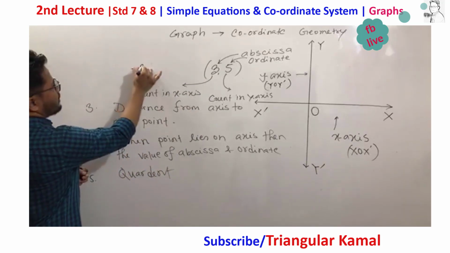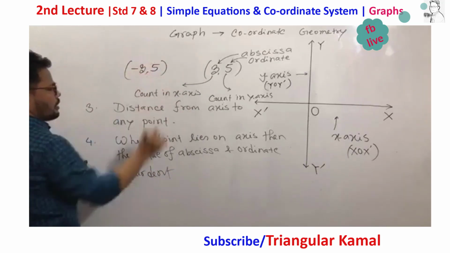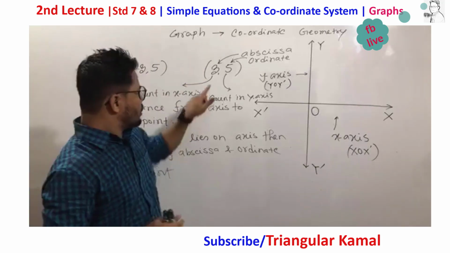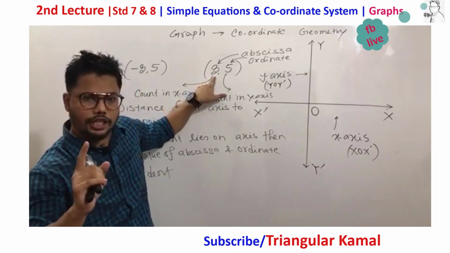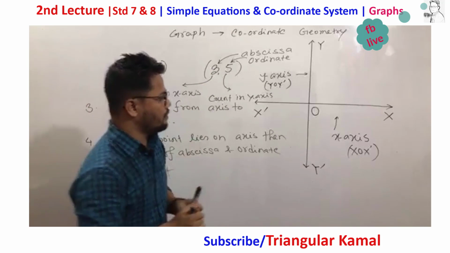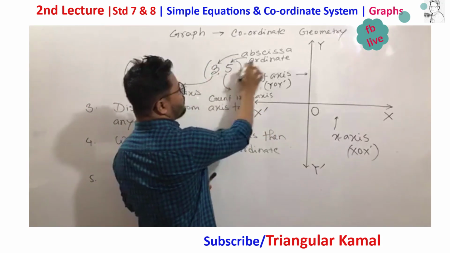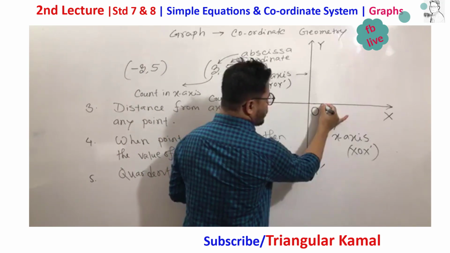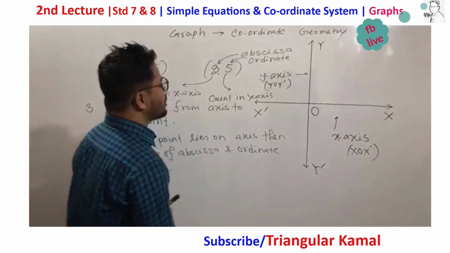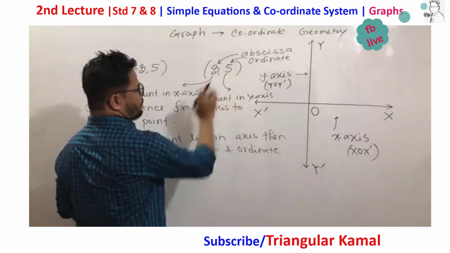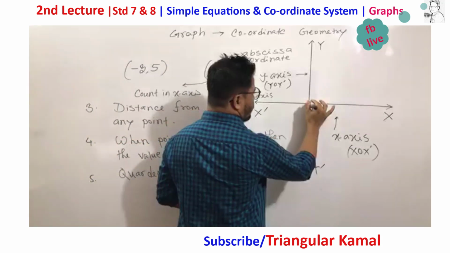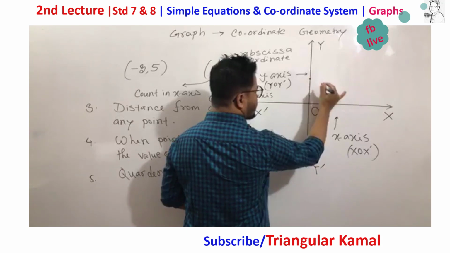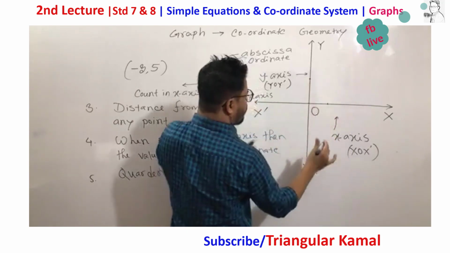If we write -3 and 5, one positive and another negative, it will be clear. My dear students, give attention: in 3 and 5, both are positive. The first value, the abscissa, always counts on the positive x: 1, 2, 3, this is 3 units. And 5 is also positive here: 1, 2, 3, 4, 5. This is for x and this is for y.